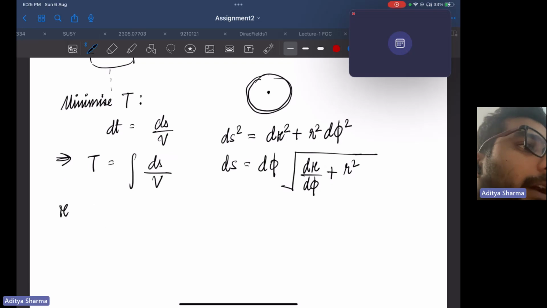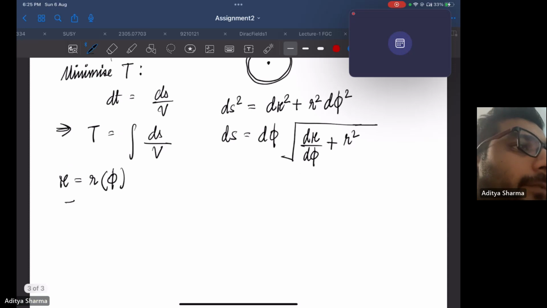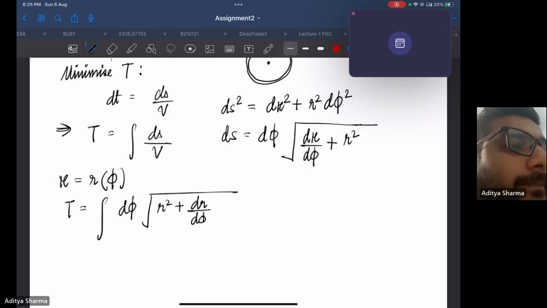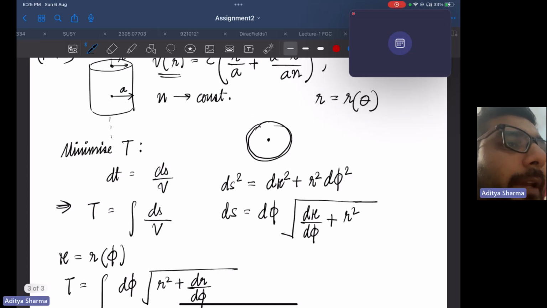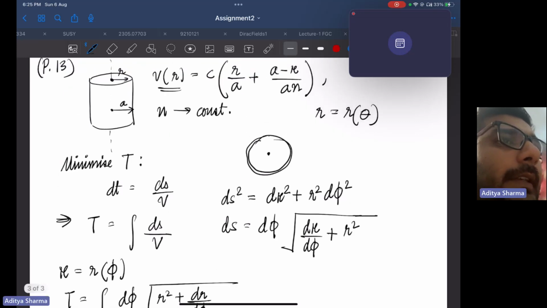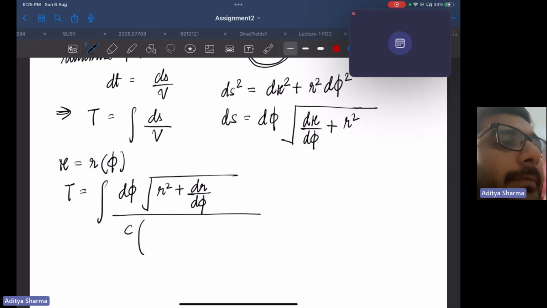Thus, I am writing r as a function of phi. Therefore, T is equal to the integral d phi square root of r square plus (dr by d phi) square, divided by v. V is c times r by a plus (a minus r by a) n.